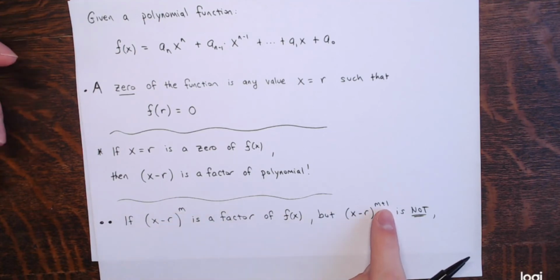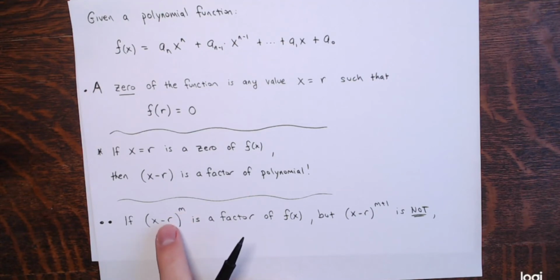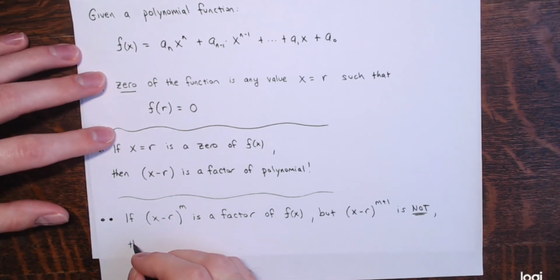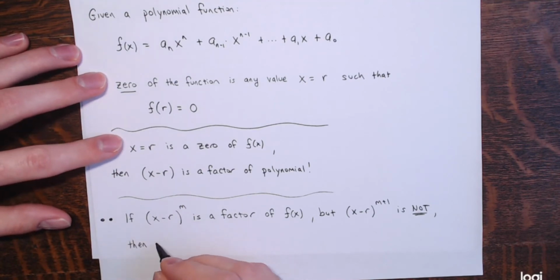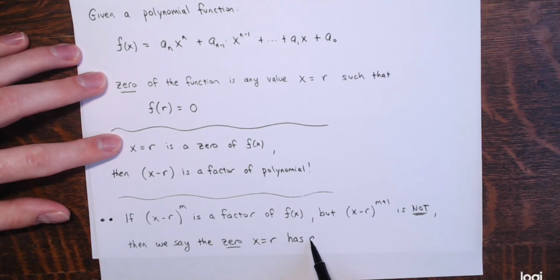This is the maximum number of times you're seeing x minus r show up as a factor. Then we say that the zero, x equals r, has a multiplicity of m.